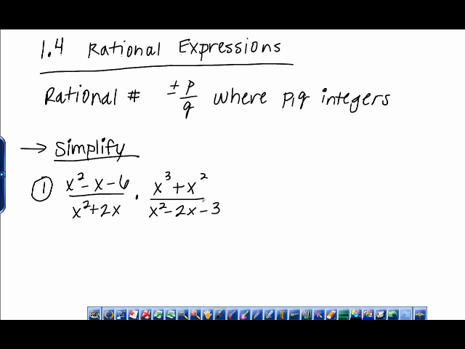Now we have two different rational expressions here, and we're multiplying them, all right?